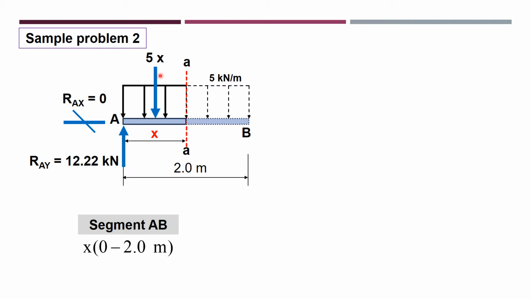And you also locate this resultant from the imaginary cutting plane. So para malocate natin, since this is uniformly distributed or yung rectangular loading, considering the distance x, ang resultant nito ay midway lang or nasa gitna lang. So ibig sabihin, if this is distance x, for this uniformly distributed load or rectangular load, ang sentro nito ay x over 2 from A and x over 2 from the imaginary cutting plane.